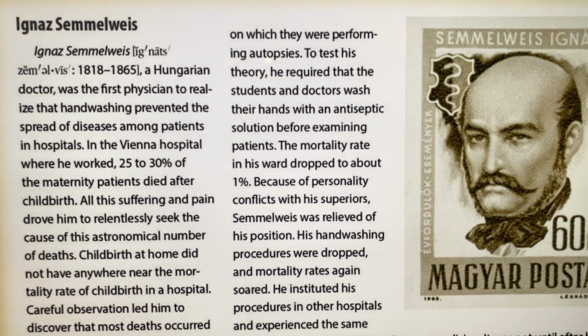He realized that the women were being examined by medical students, but before that, the students did autopsies on dead bodies and didn't wash their hands. Then they examined these women, and these women were getting sick. So you can imagine, they didn't require people to wash their hands back then.